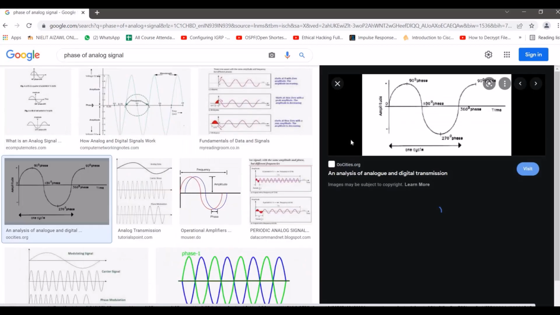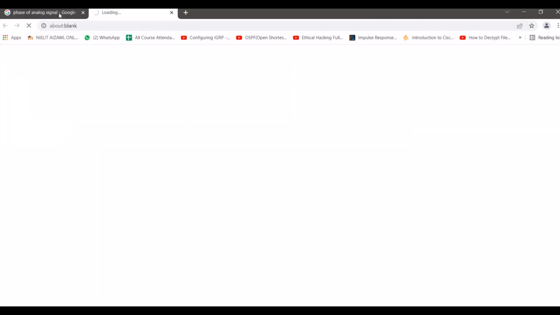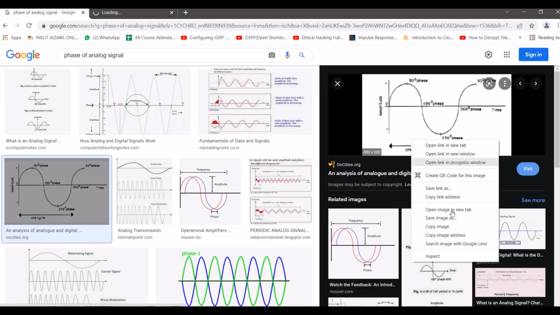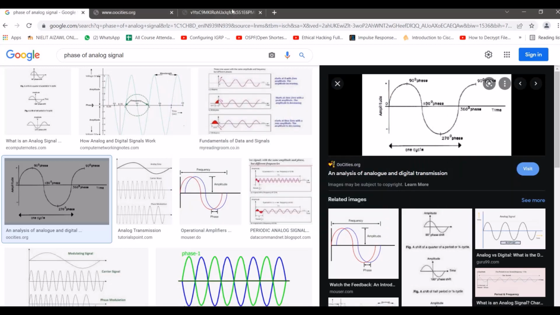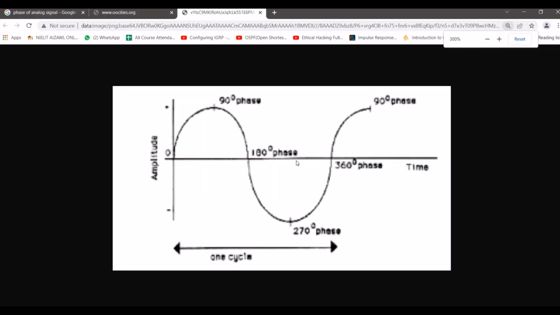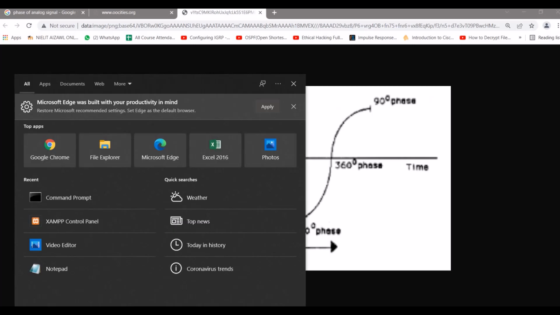In each and every analog signal, it starts from 0 to 90 degrees and 180 degrees, and here 180 degrees, 270 and 360. That completes one cycle in the analog format.